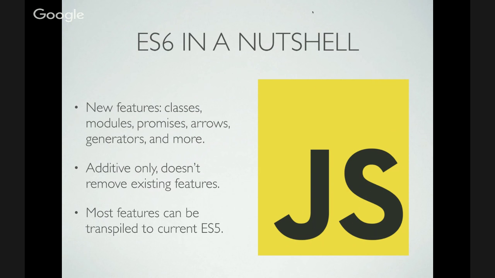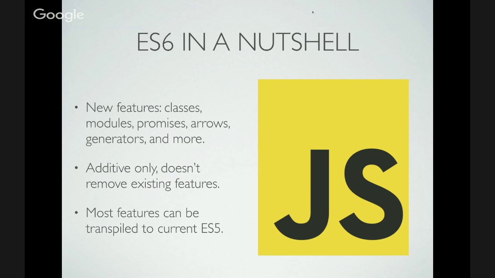So in a nutshell, ES6 features include classes, modules, promises, arrow functions, generators. There's a lot more coming down the pipe. There are tools like Babel, which empower other features that aren't even quite yet ready in experimental mode. So far, it's additive only. It doesn't actually remove anything existing.